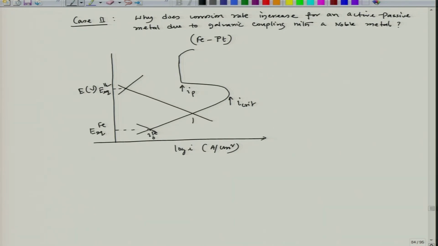So, let us say this becomes my I corr of iron when it is not galvanically coupled with a noble metal.